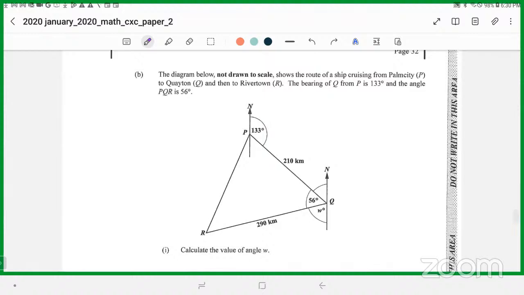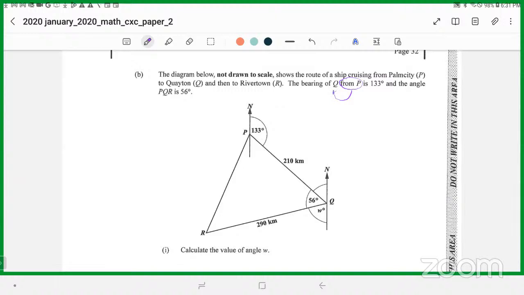All right, so this question said the diagram below, not drawn to scale, shows the route of a ship cruising from city P to Quayton Q, P to Q, and then to Riverton R. We're really interested in P, Q, and R. It says the bearing of Q from P. P is the from position.